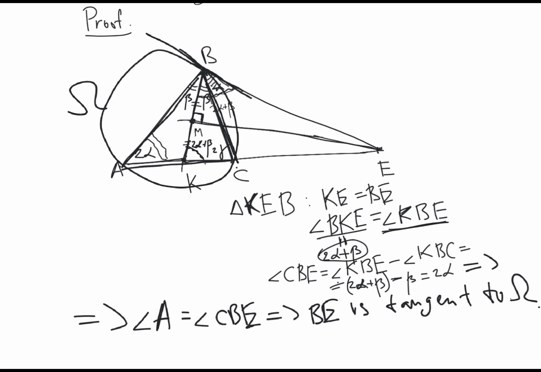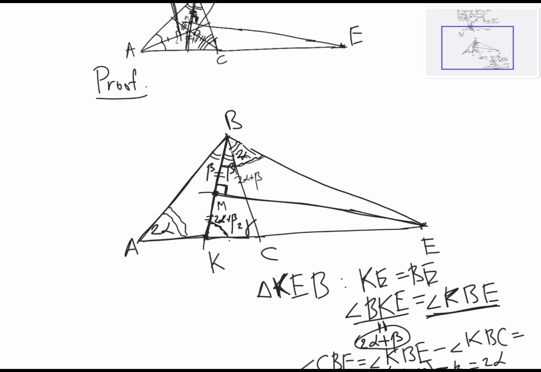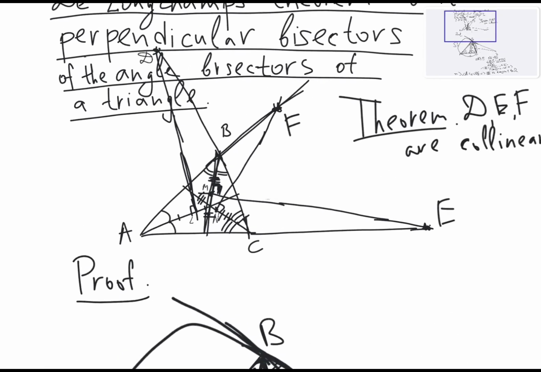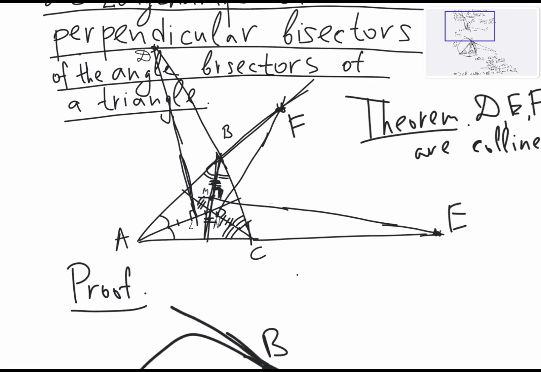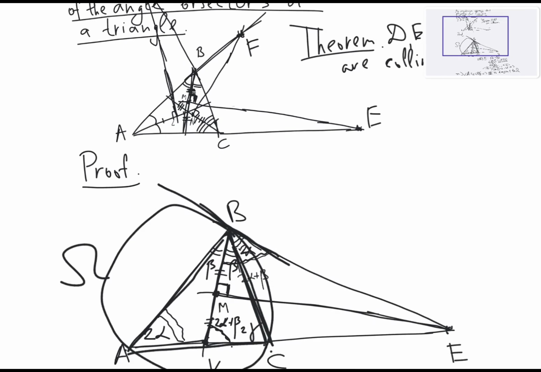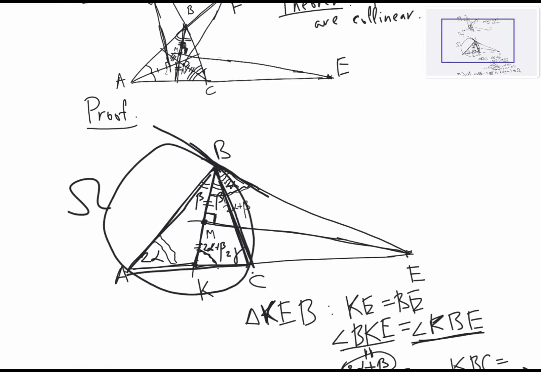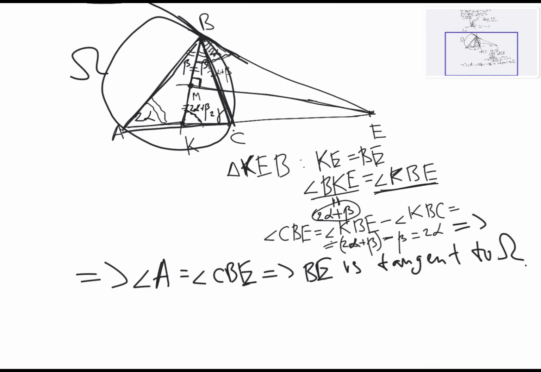So now, because it's a tangent, similarly we conclude that the other 2 points, F and D, have the same property, though not constructed the same way.